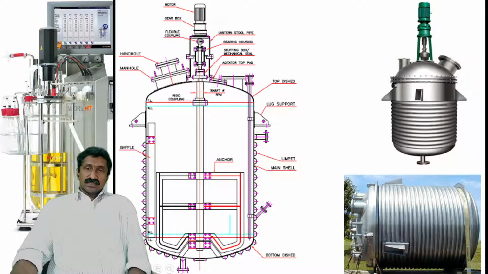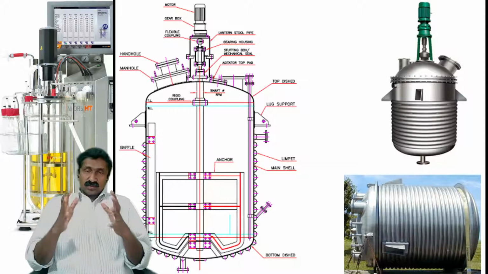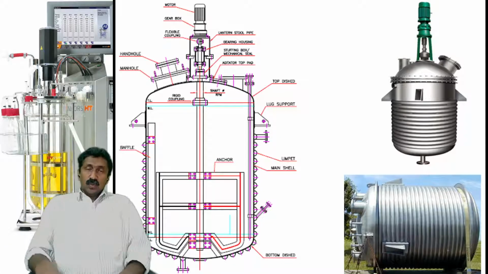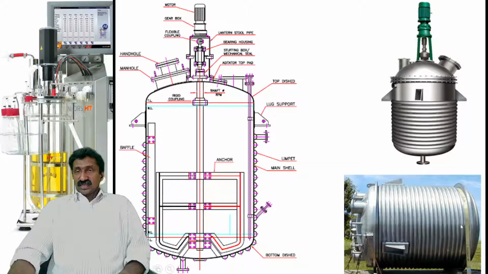So in this case, these are two pictures of the half pipe or limpet jackets. Here, instead of providing an external jacket or a space between the two walls, which is filled with fluid or the coolant, it provides a pipe system that is wound around the actual fermentation tank.